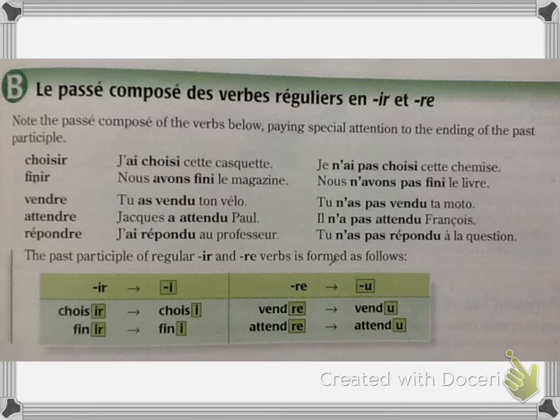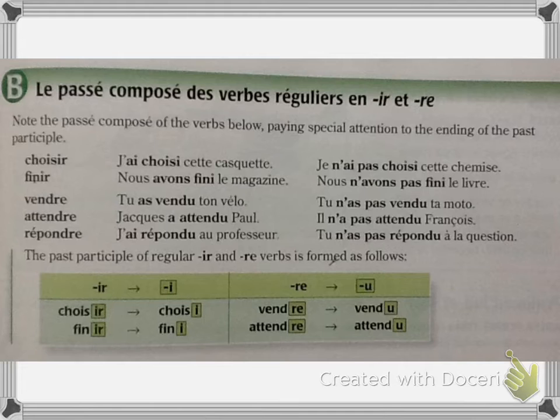Tu as vendu ton vélo. Tu n'as pas vendu ta moto. Attendre. Jacques a attendu Paul. Il n'a pas attendu François. Répondre. J'ai répondu au professeur. Tu n'as pas répondu à la question.